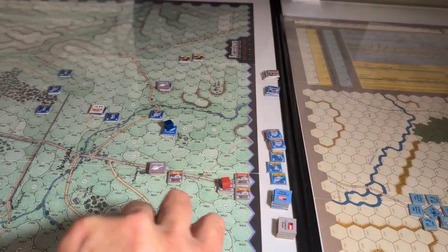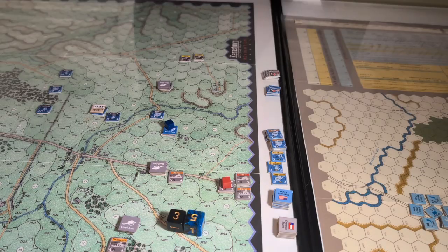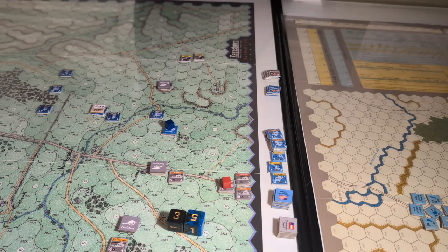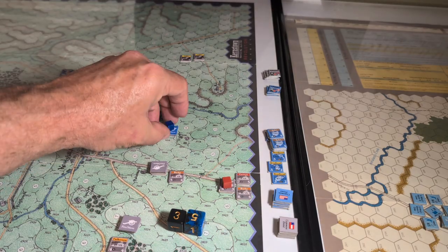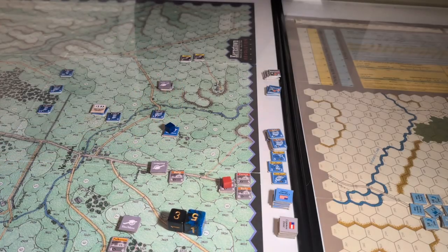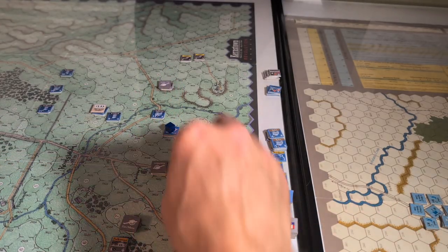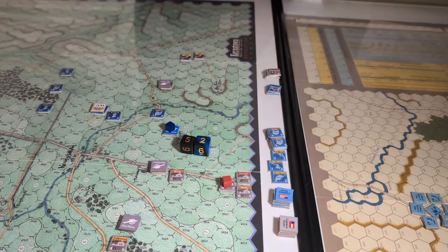Okay, we've got 35. 8, 35. Okay, that's going to be routine. He's got a CR of only 1. Wait a minute. Okay, yeah. So it's going to be routine. We got a 52. So a 52 is going to depletion.